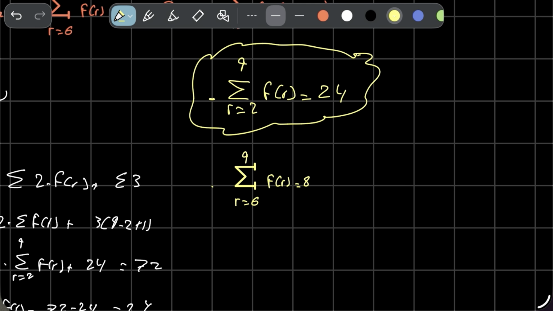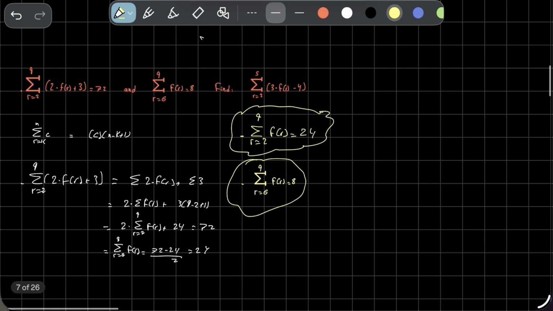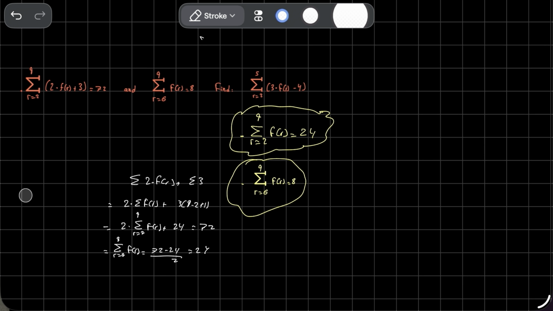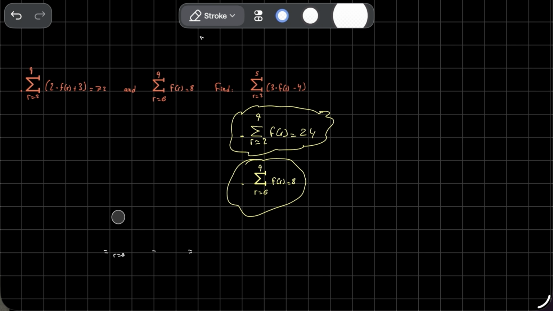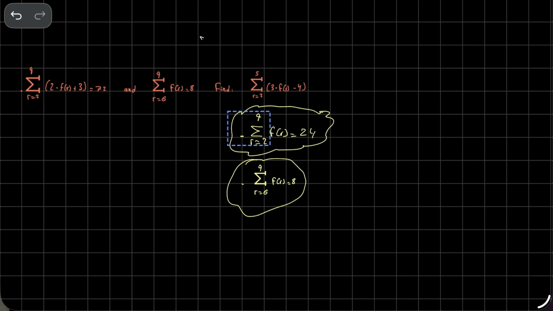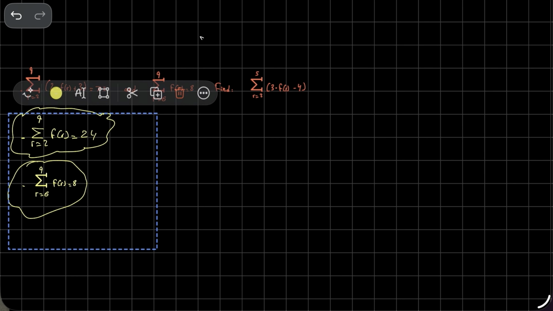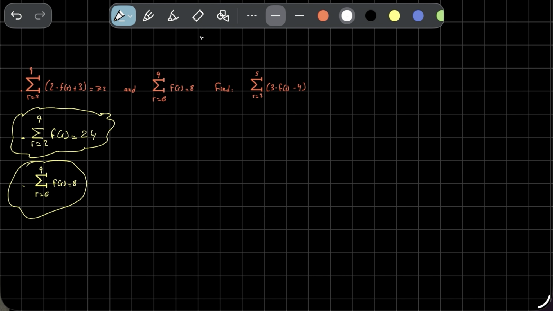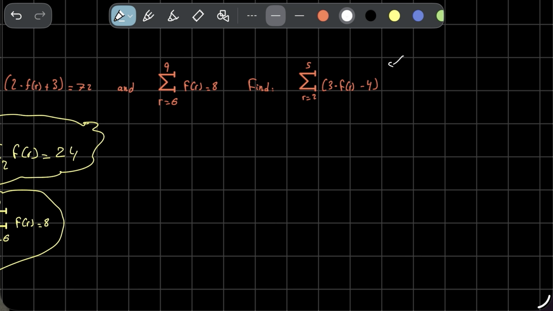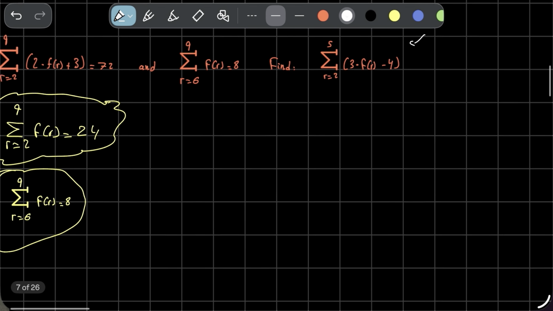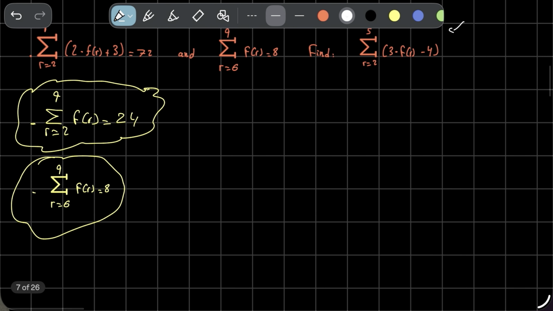We have both this information. How can we possibly get to the answer? Just wait one second. The question is to evaluate this one. It looks hard, but let's see how we can genuinely solve it.